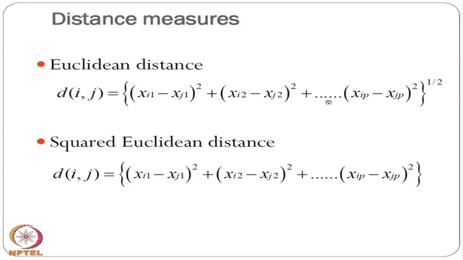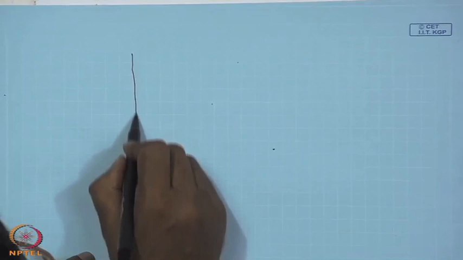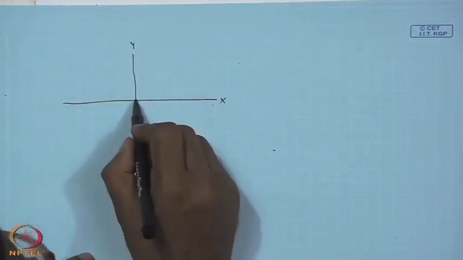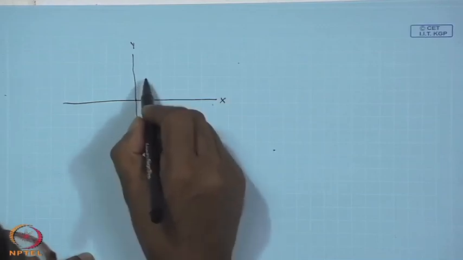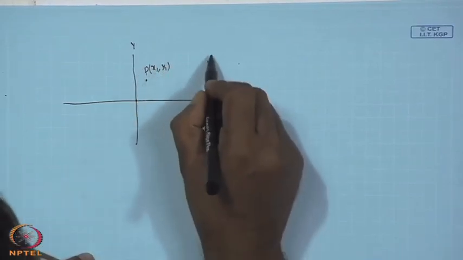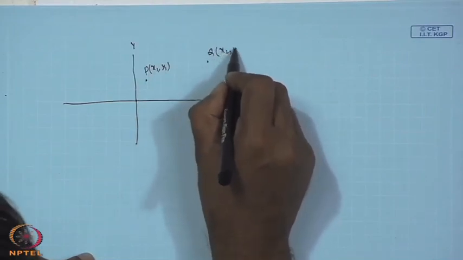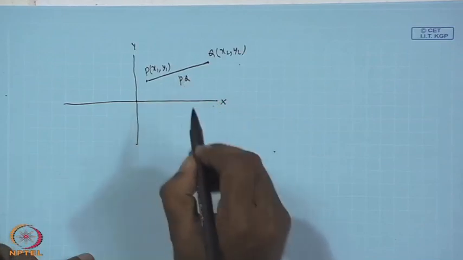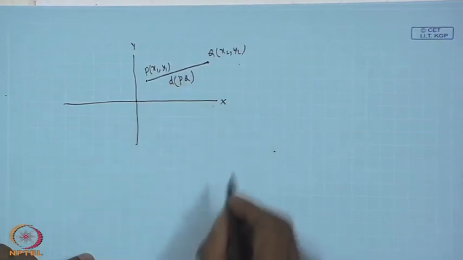What are the different distance measures? All of us know the Euclidean distance. If I have x and y, suppose this is my P with x1 and y1, and this one my Q with x2 and y2. All of us know the distance dpq.